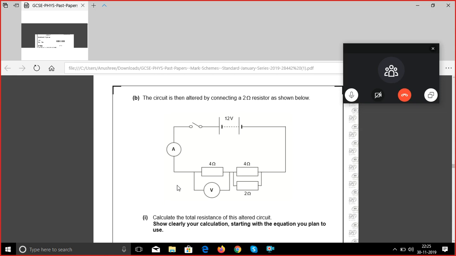Okay, so the equation is 1 over RT equals 1 over R1 plus 1 over R2.